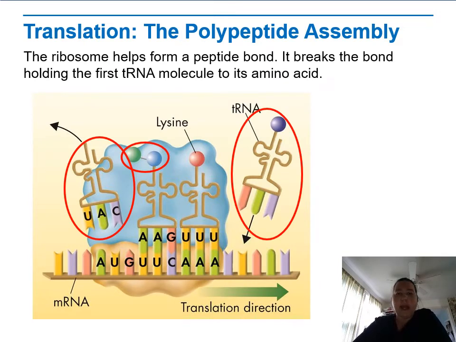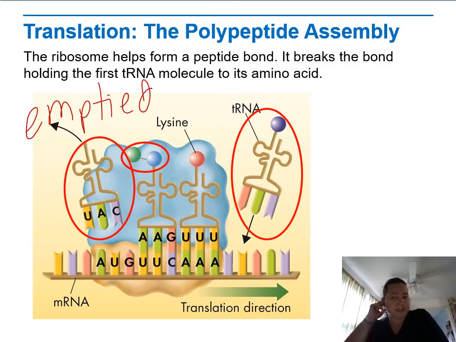The ribosome chugs along the mRNA track, kind of like a train, and it adds the new amino acids that match up. Once the tRNA is emptied, it goes back off into the cytoplasm to get refilled again. This happens until it reaches a stop codon.